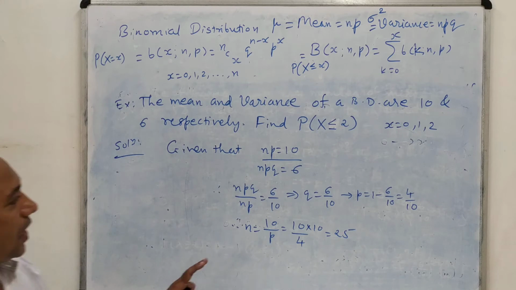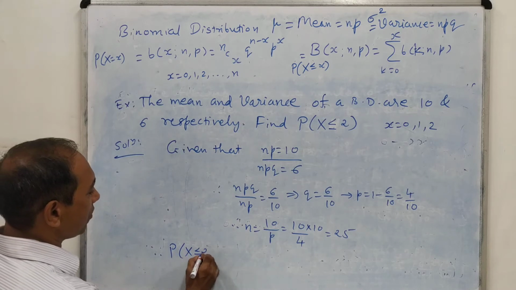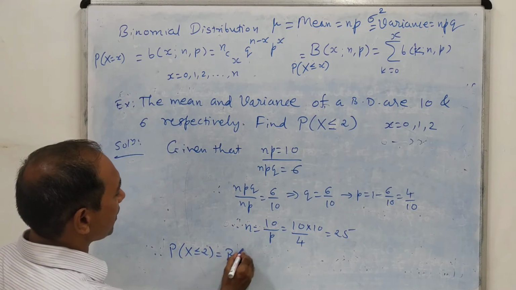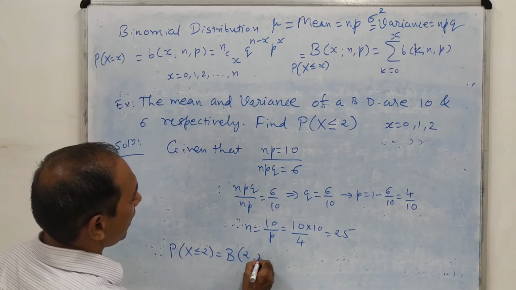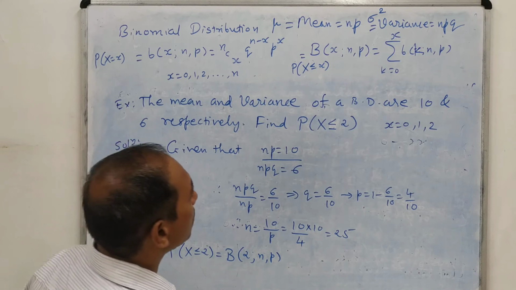So n, p and q are available. Therefore we can find the probability of capital X less than or equal to 2 directly, as it is nothing but capital B(2; n, p), that is from 0 to 2.